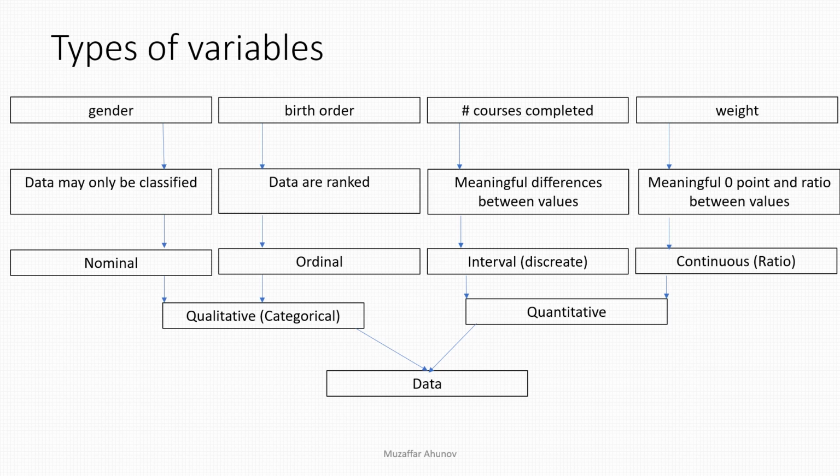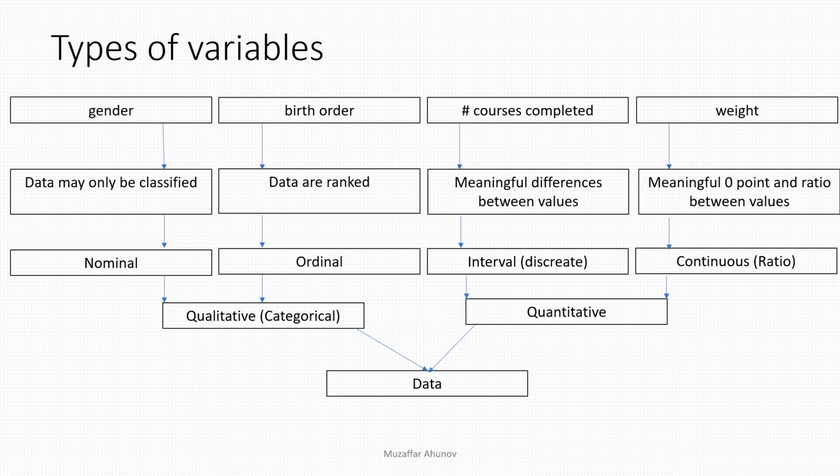Lastly, let's turn to gender. Gender is an example of a categorical variable, since we refer to gender in words like male or female. To quantify gender, we can assign male 1 and female 2.